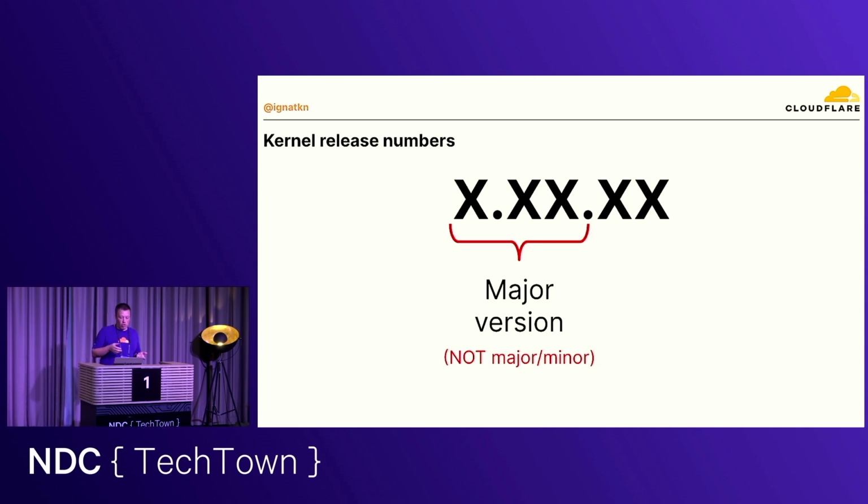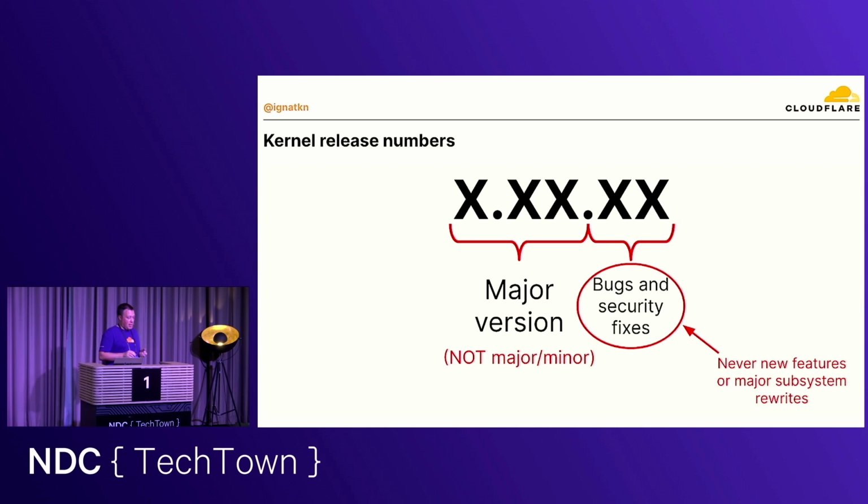The major version can have new features or complete subsystem rewrites. The last digit designates, similar to semantic versioning, only bugs and security fixes. So when you just bump the last version, you will never get new features or subsystem rewrites, only tweaks in code which fix bugs or security vulnerabilities.